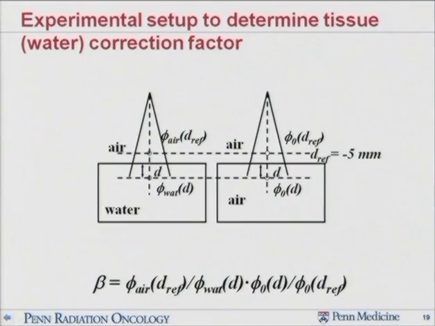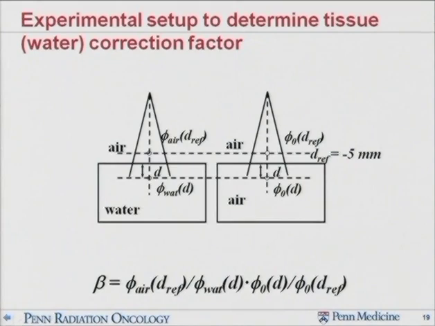So you get a sigma 0 at the reference depth and a sigma 0 at the so-called water depth. Then you put the water there, and you put the same detector in these two different locations as well. Since the fluence rate in this plane is the same whether you have water or not, as the attenuation from water and the refraction is minimal, any difference one sees, calculated from the ratio between the fluence rate measured in air at the reference condition divided by the fluence rate measured in water at depth, divided by the other ratio, will give you this beta effect.